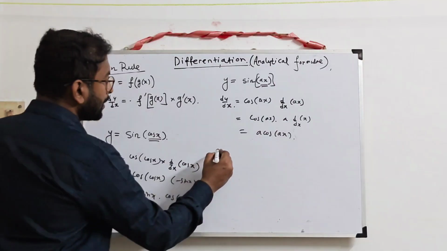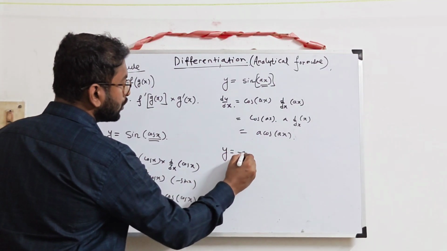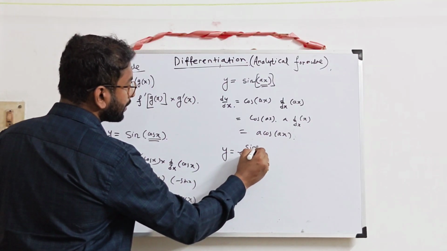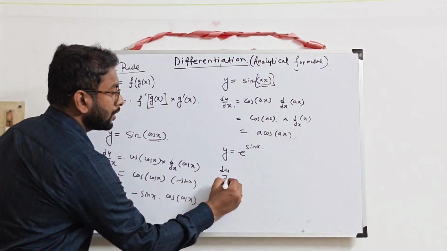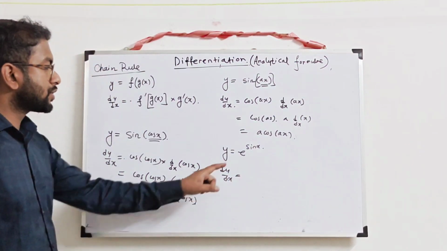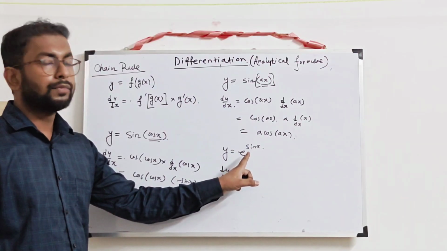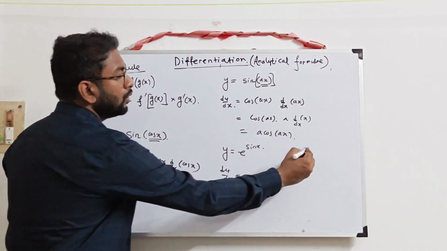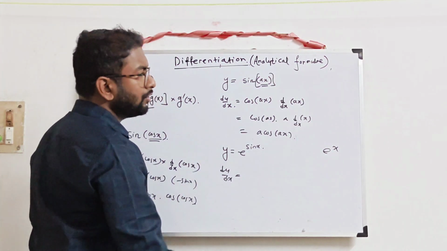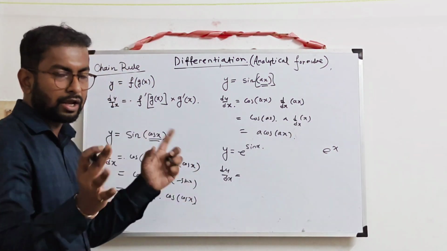If I give you another example, let's say y equal to e to the power sin x. Now dy dx will be, first you write the differentiation of the outside function, that is e to the power sin x. If e to the power x is there and you differentiate it, the value is e to the power x only.